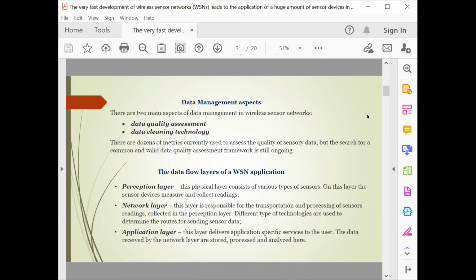And the application layer delivers applications which can be used by different end users and which are responsible for network data storing, processing, and analyzing.